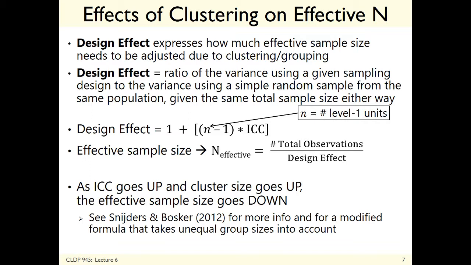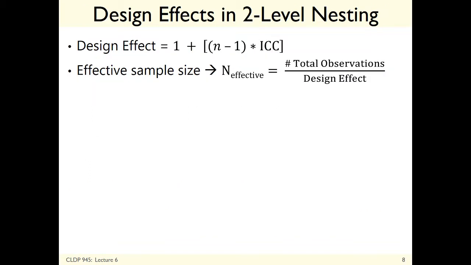To the extent that you have a greater number of people in your group or a greater intraclass correlation, the actual sample size that you have is less than what you think it would be. A lot less. So chapter 13, the first section of that, goes over this and talks about how you can use this formula to do some rough power calculations.